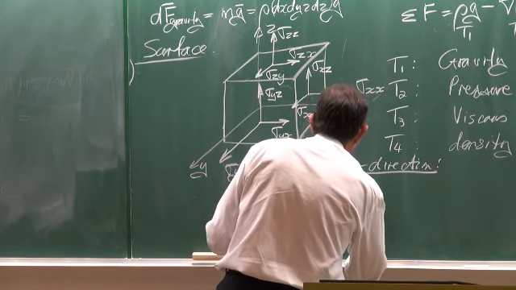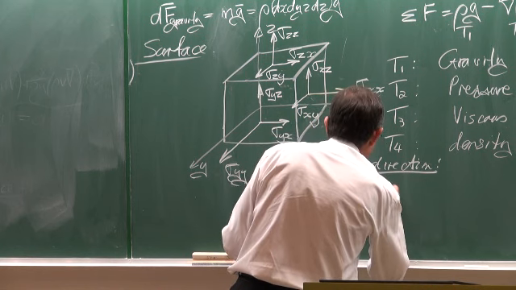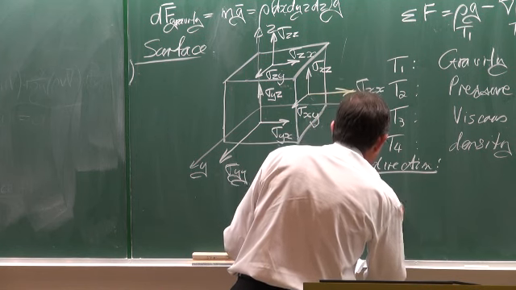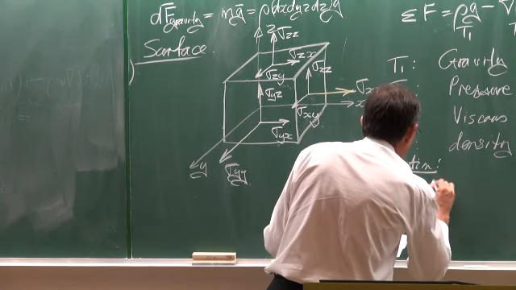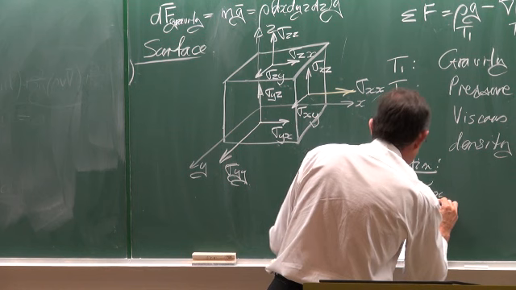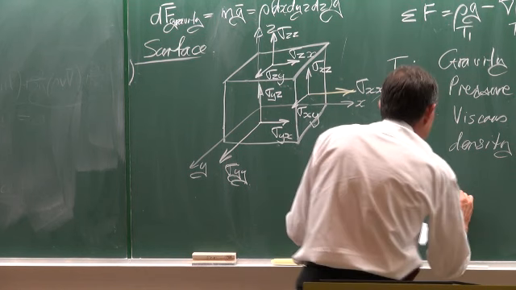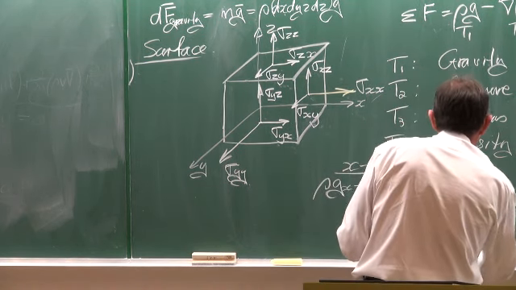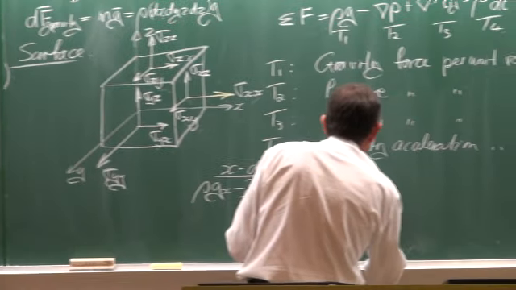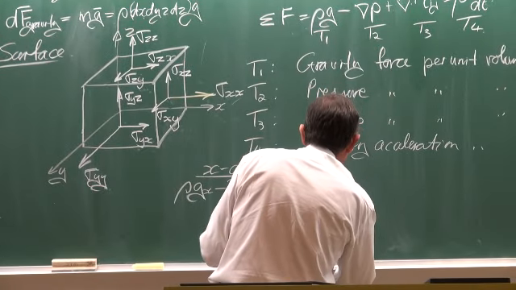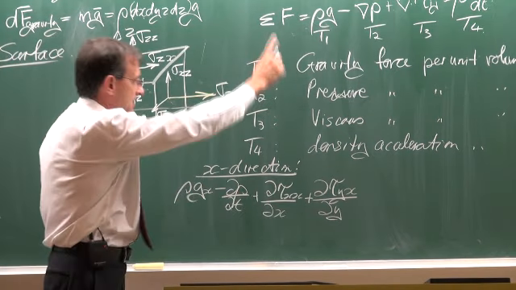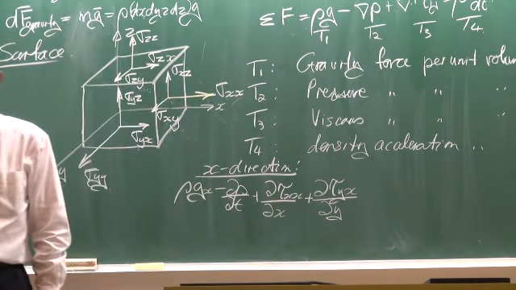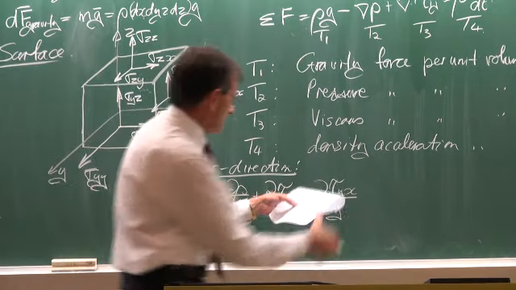The equation would look like this: rho multiplied by gravity minus partial p partial x plus partial tau xx partial x plus partial tau yx partial y. If you wonder where the taus come from, it's not the sigmas, they are taus, and I'm going to explain it just now.